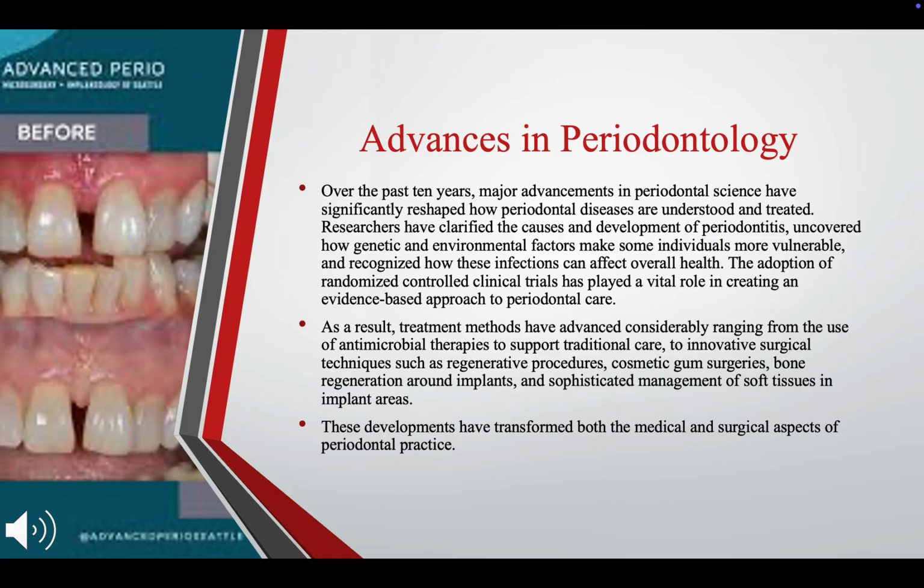We now use antimicrobial therapies alongside traditional care and apply cutting-edge surgical techniques like regenerative procedures, cosmetic gum surgery, bone regeneration around implants, and advanced soft tissue management. These innovations have truly transformed both the medical and surgical aspects of periodontal practice, leading to more effective and comprehensive patient care.